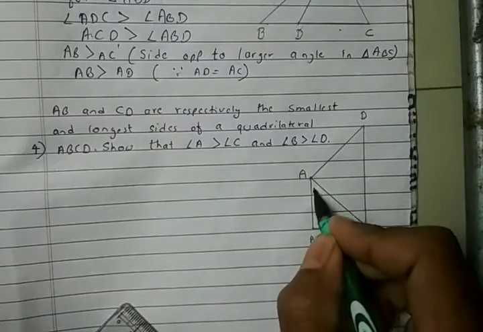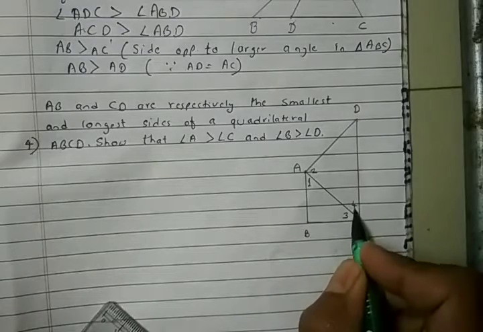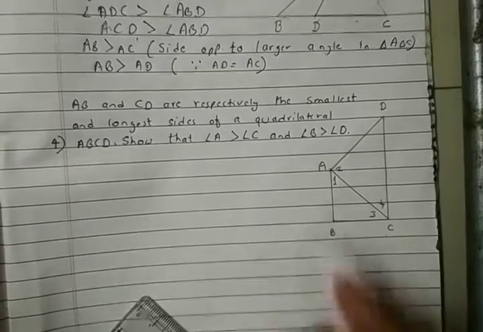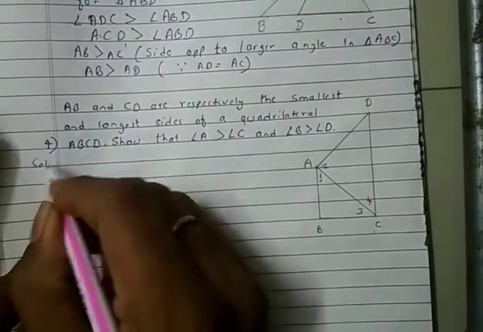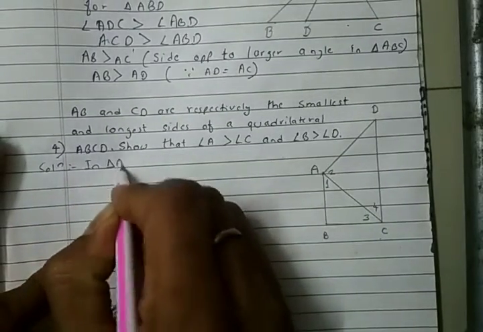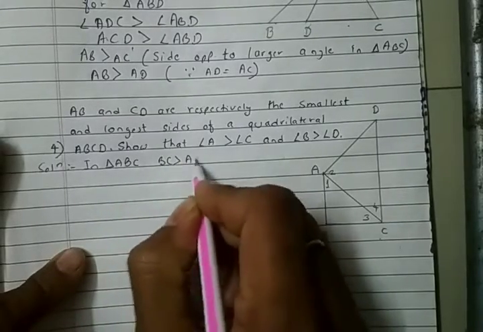We will name these angles as 1, 2, 3 and 4. Okay. So now if we take this triangle ABC, BC is greater than AB.